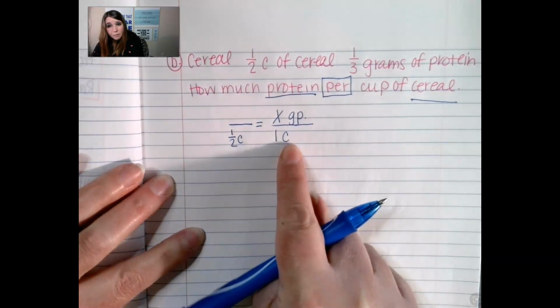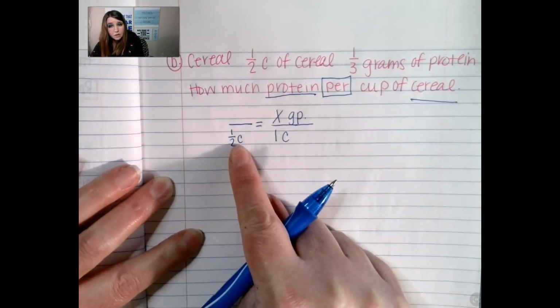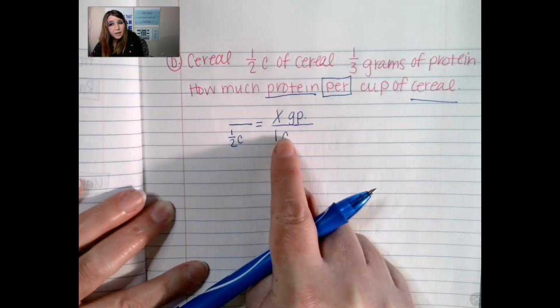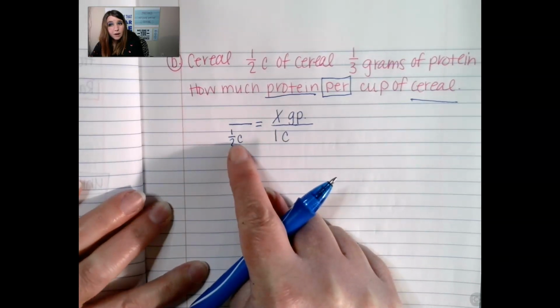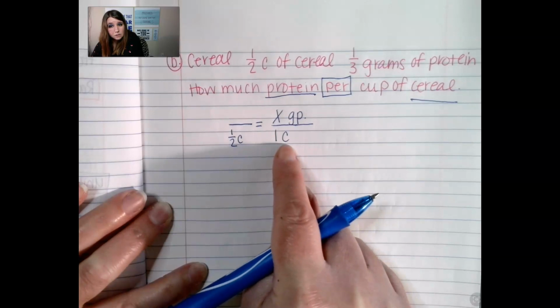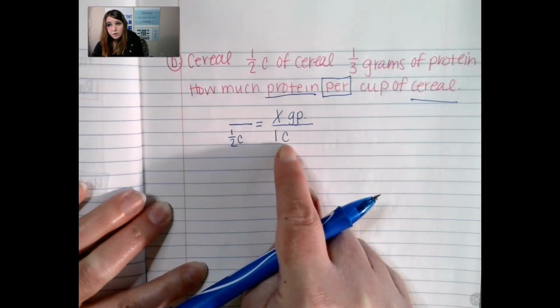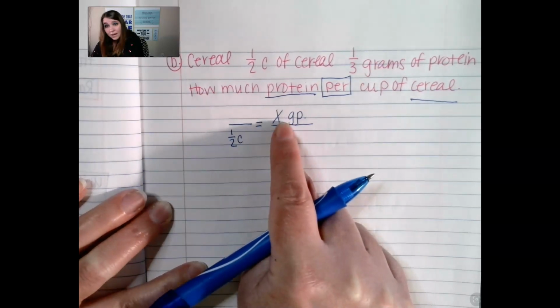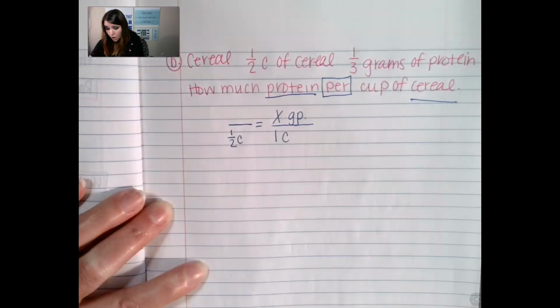I'm comparing cups to cups. So because it was per cup, I knew that cups needed to go on the bottom. So cereal on the bottom, cereal on the bottom. And that means that the grams have to go on the top.